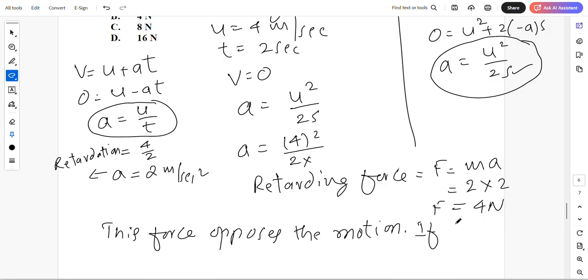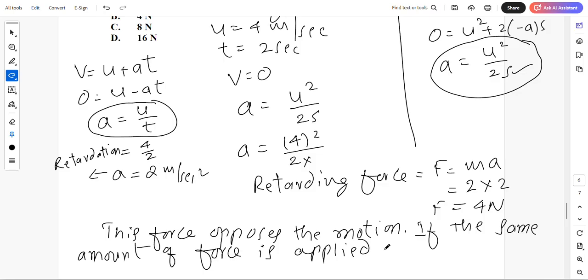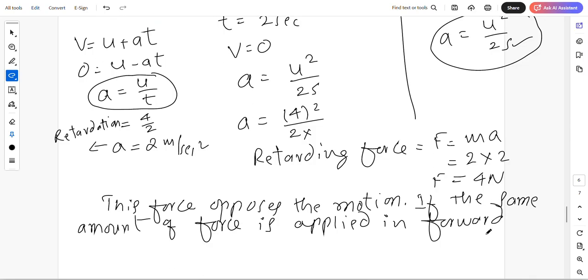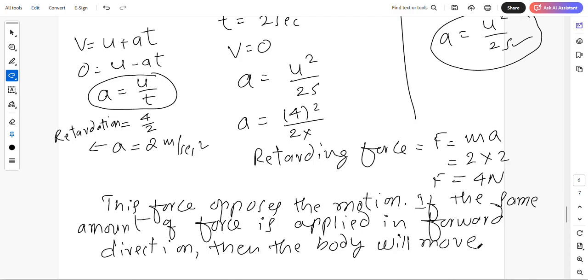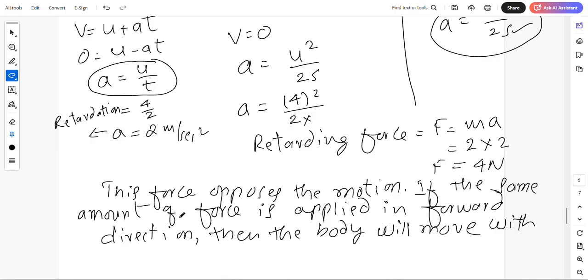If the same amount of force is applied in the forward direction, then the body will move with constant velocity.